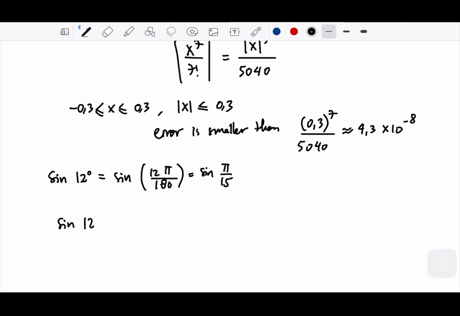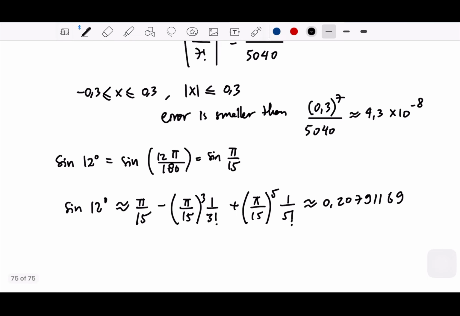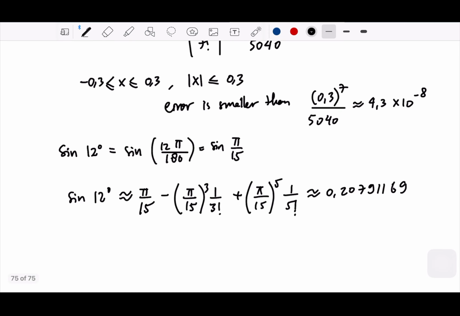So sine 12 is approximately pi over 15 minus pi cubed over something, and more or less that's the sine of 12. Or maybe just take 6 decimals and take it to 12 like that.